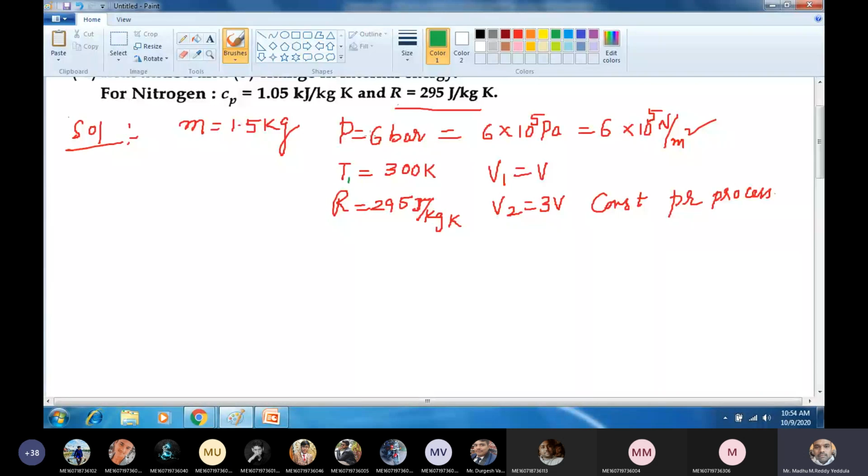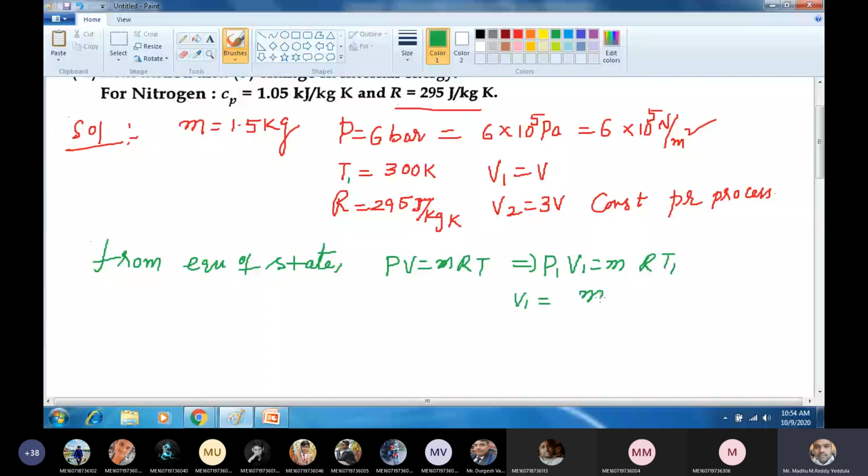PV equal to MRT. From equation of state, we have PV is equal to M into R into T. For state 1, P1 V1 is equal to MRT1. So V1 is equal to M into R into T1 by P1.